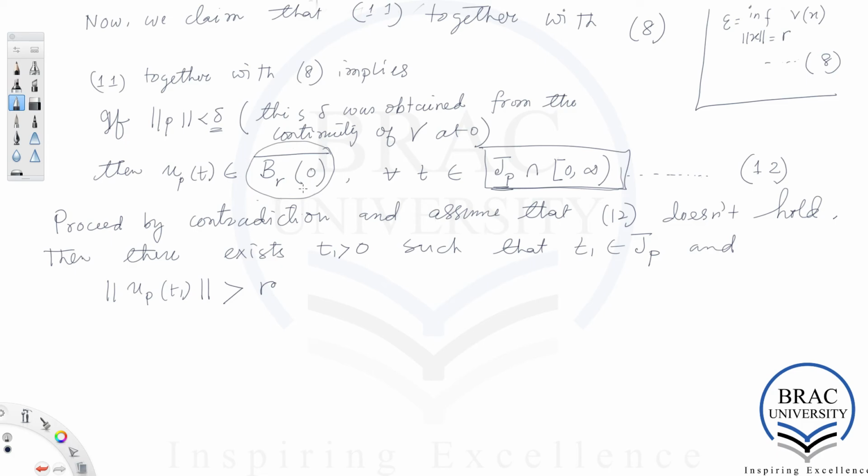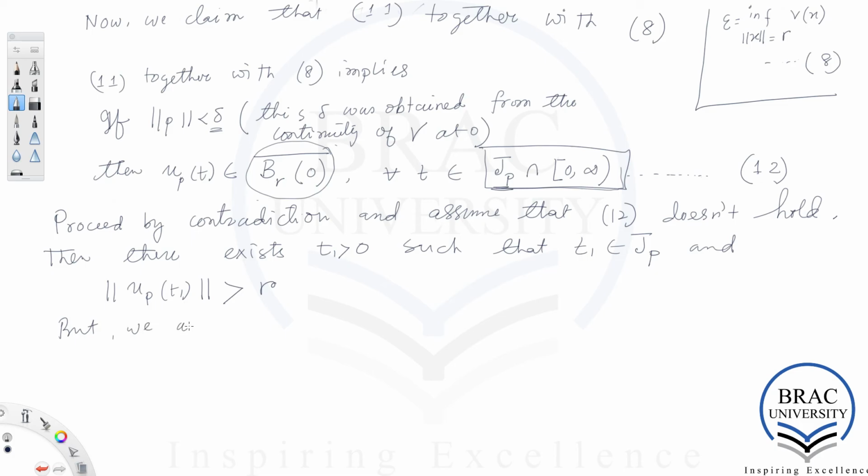Now we are proceeding by contradiction and assuming that there is a positive T1 in this intersection such that the solution at that time will be out of this closure, which means that the norm of UP at T1 will be greater than R.